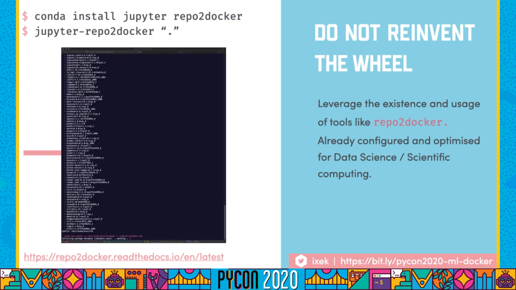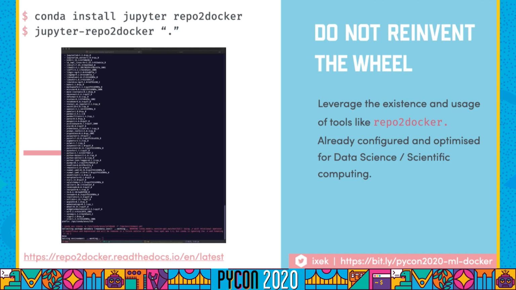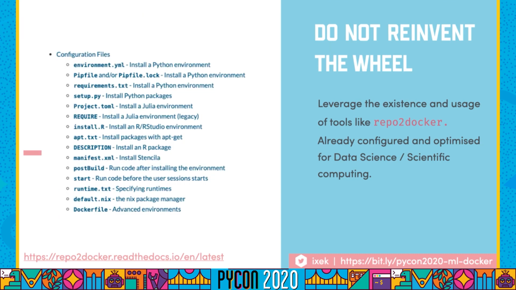It will then use some of the Jupyter Stacks Docker bases and build your Docker container. The neatest thing about this is that you don't even have to write a Dockerfile. You don't have to spend a lot of time refining your Dockerfile and learning how to go about it. So if you're looking for a reliable way to create Docker containers, repo2docker is your tool.